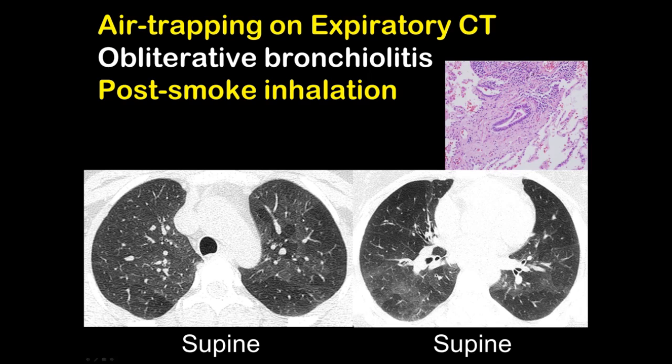This is a patient with mainly areas of air trapping with diminished vascularity, patchy areas of higher and lower attenuation, and a patient that was at a smoke inhalation fire.